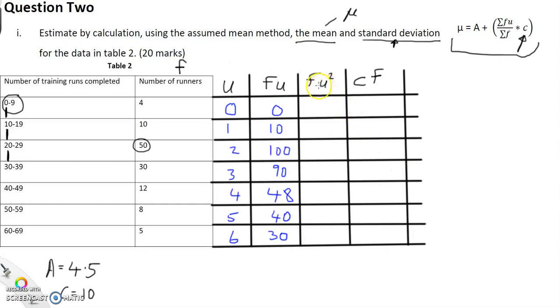And then we're looking at the FU squared. FU squared is the same as U multiplied by FU. The order is not important.